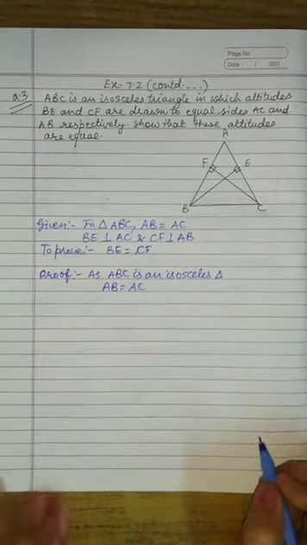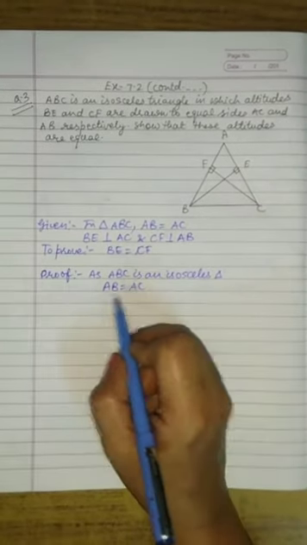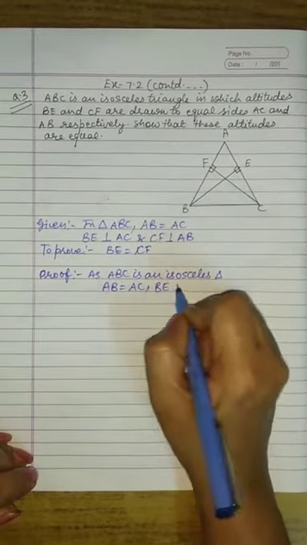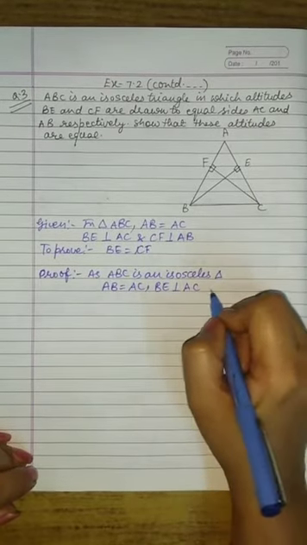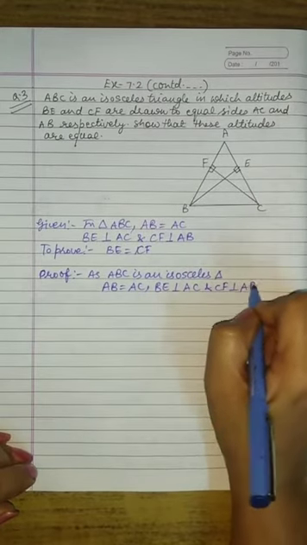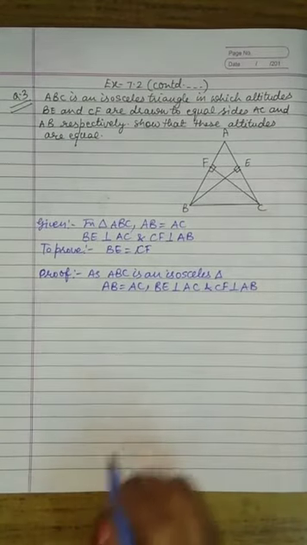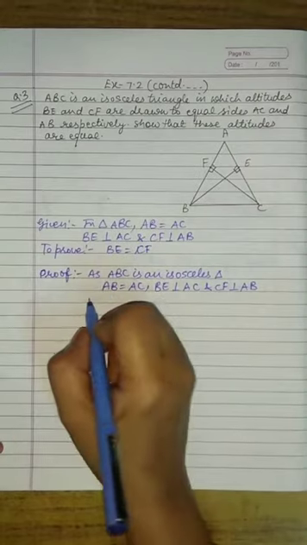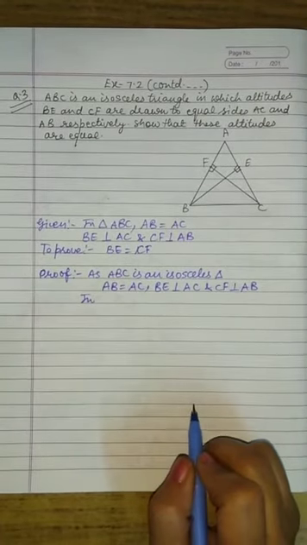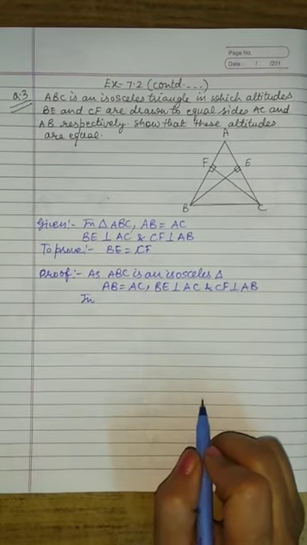We are given in triangle ABC, AB is equal to AC and BE is perpendicular on AC and CF is perpendicular on AB.